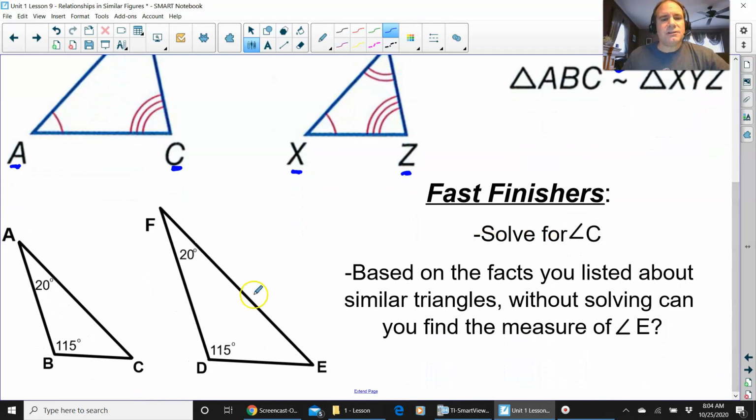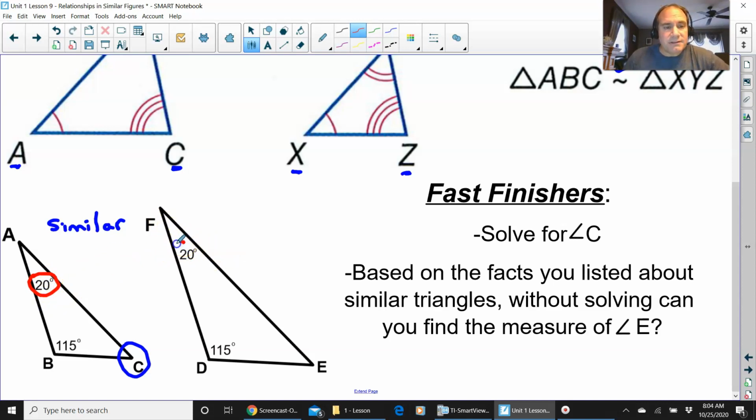All right, fast finisher. Solve for angle C. So this is what we have to solve for. I always like circling what we have to solve for. Based on the facts you've listed about similar triangles, without solving, can you find the measure of angle E? So these are similar to each other. So we're telling you that. So I'm going to start circling the angles here. And here's angle A, and its measure is 20 degrees.